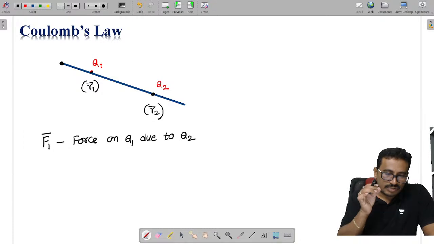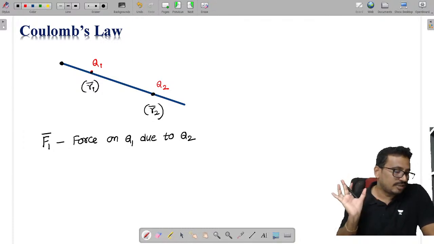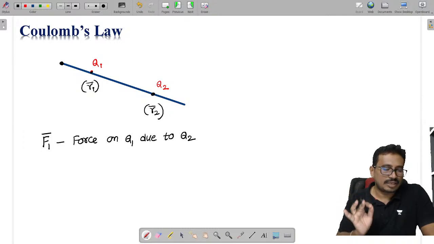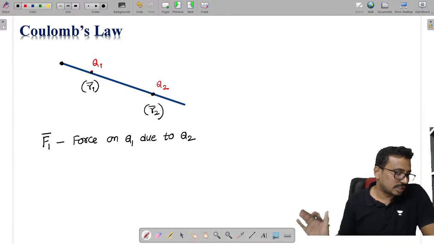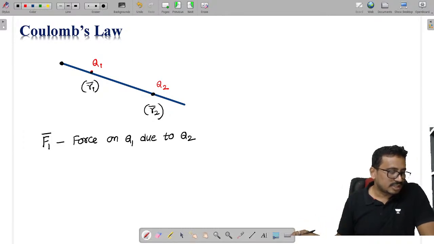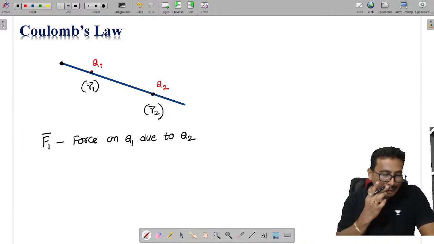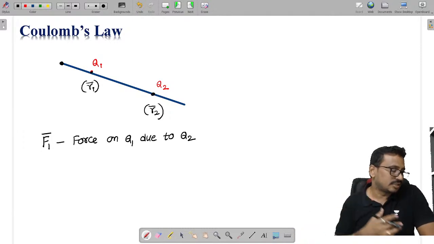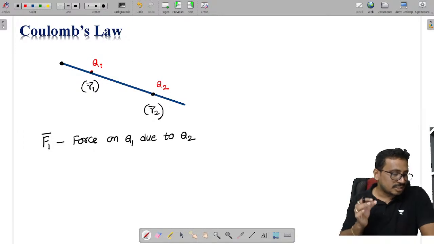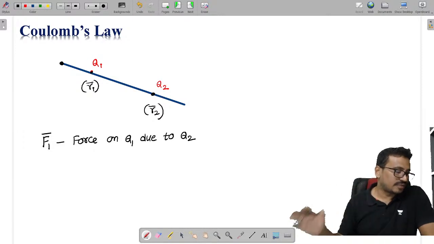Because of the charges, we have the electric field. Remember one thing: because of the charges, we have electric field, not that the electric field causes the charges.